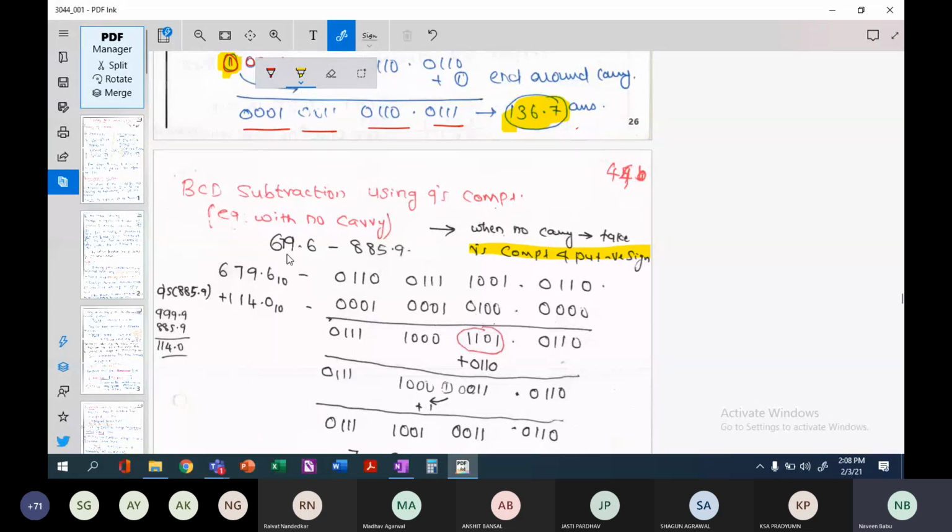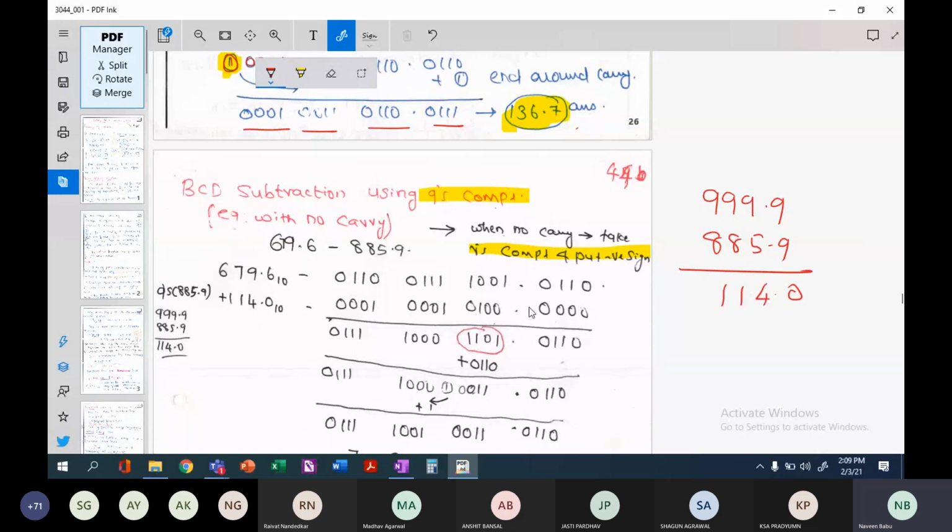First you have to perform using 9's complement. Hence, you take the 9's complement of 885.9. When you subtract it, this is 0, 1, 1, 4 and 114.0. So this is the 9's complement of 885.9.